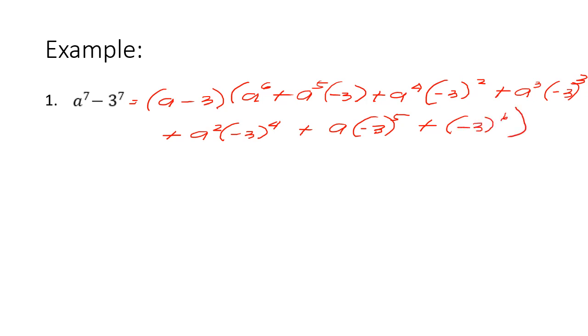Right. So, let's try to simplify. You have a times the quantity of a minus 3 times the quantity of a raised to 6.